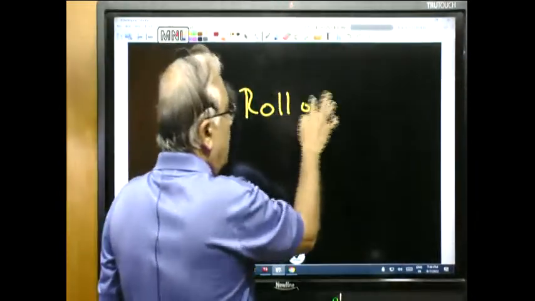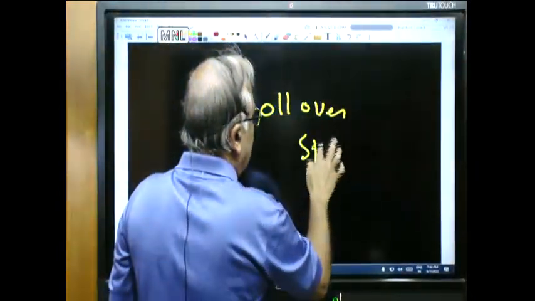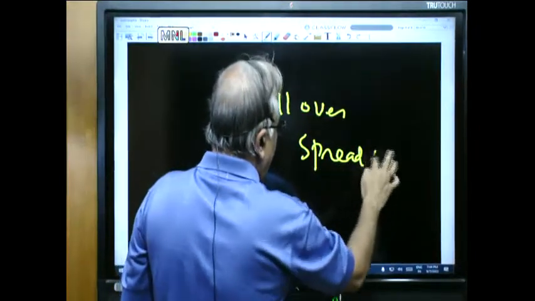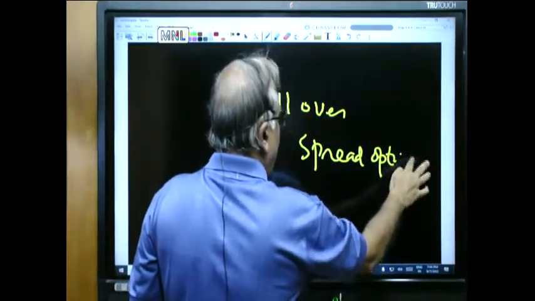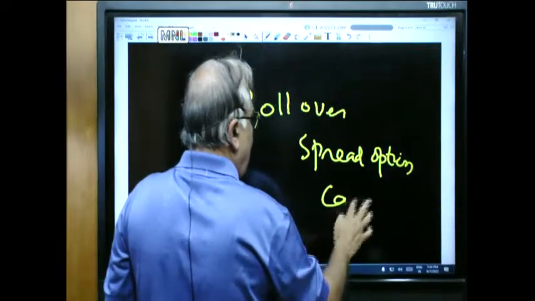That is, you do a spread option and how do you roll it over, or a call option or a put option, how do you roll it over.